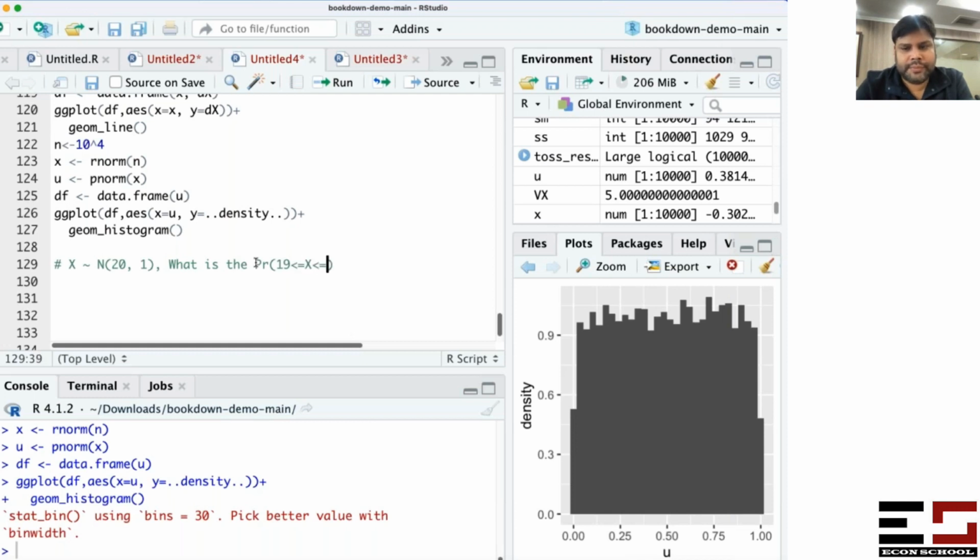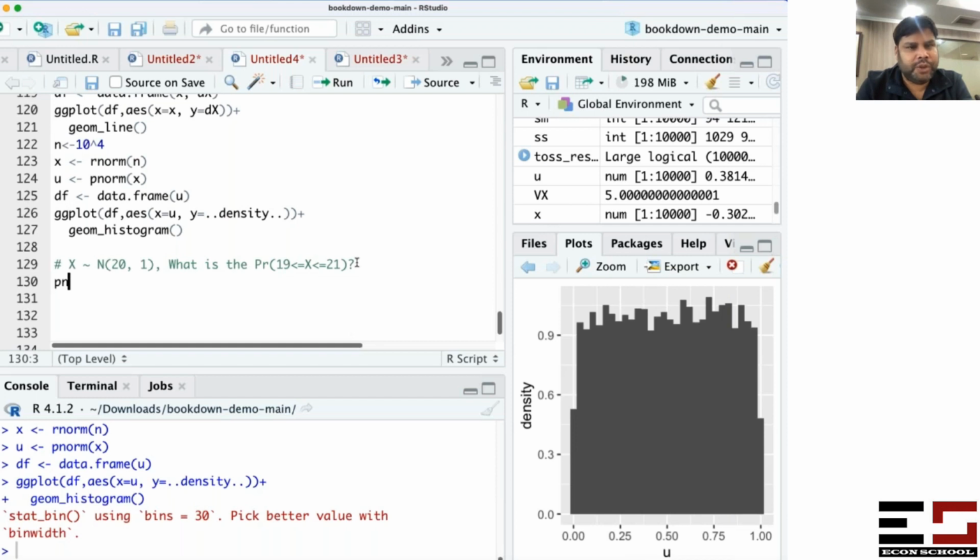Of course, you have to do the integral, or if you remember the 68%, 95%, 99.7% rule, which says that the probability that x is within one standard deviation away from its mean, where x is normal, is roughly 0.68. So that is what we should get, because this is exactly the same question. The answer should be close to 68%.